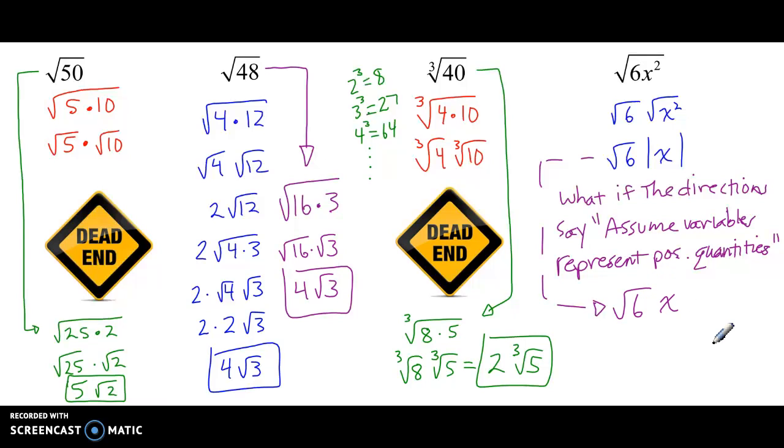But then there's another issue, and the other issue here is that depending on how you write on paper, it's kind of questionable what you meant here. Did you mean that to be square root of 6x or square root of 6, then x? It really depends on how far you write that line.